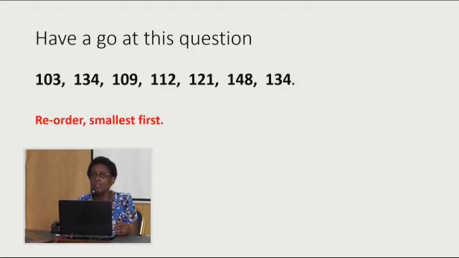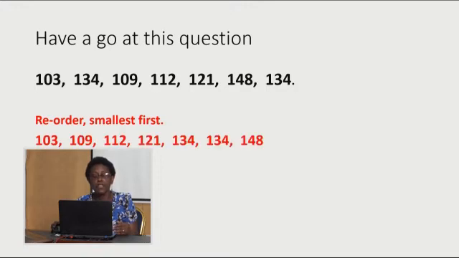Correct, if you said reorder smallest first. Well done, have a go. Be careful when you're ordering. You should have the same number in your order as in your original question. Good. If you've ordered it, that's what it should look like.